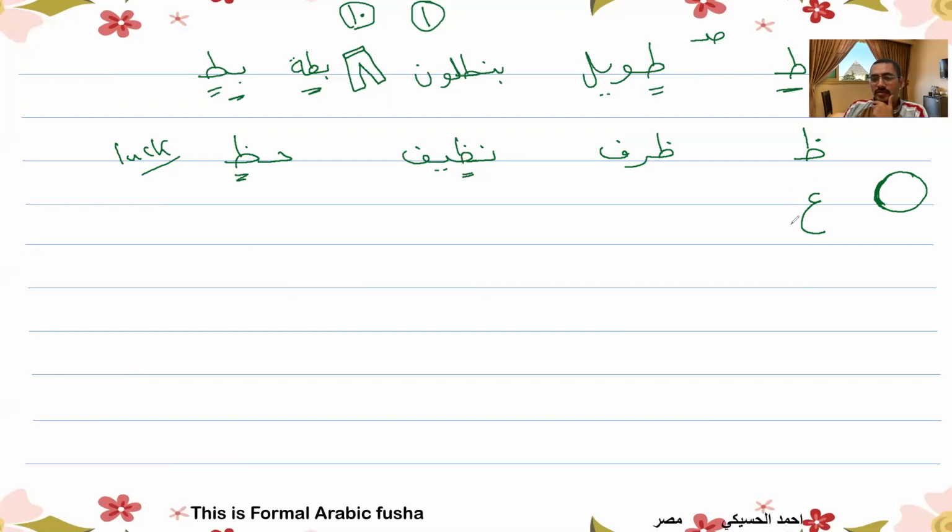This is isolated, but in the initial of the word, the beginning of the word, as here, as in عنب, grapes, a fruit. And a boy called علي, Ali.